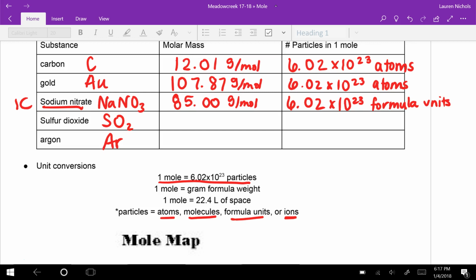If I wanted to know about the number of particles in, for example, NO3 minus, nitrate, specifically that ion, 1 mole could also be equal to the grams of the formula weight, so aka our molar mass. And something else that Avogadro, I believe, discovered is that 1 mole of any substance is always going to take up 22.4 liters of space. And we're going to use these unit conversions in our next class.